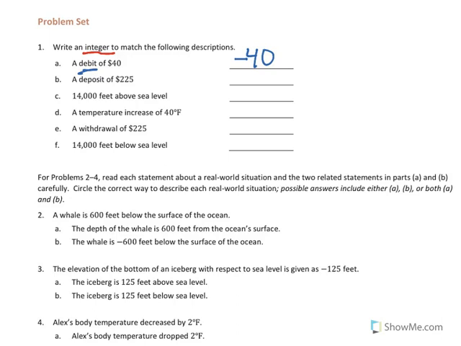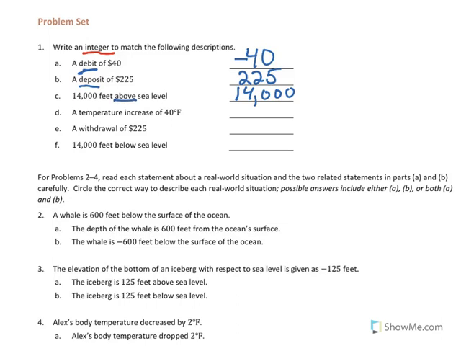A deposit of $225 would be, there's where our positive is, 225. Okay? 14,000 feet above sea level, sorry. 14,000 feet above sea level. That would be a positive 14,000 because it is above sea level.